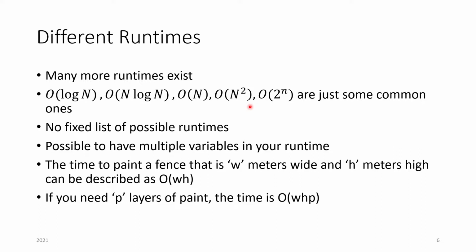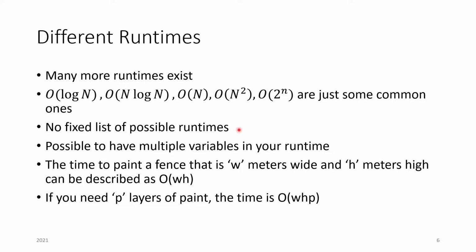Now, the mistake a lot of people make is that they think, okay, because the notation is always with respect to n, that means all notations need to be with respect to n when it comes to space and time complexity. But that's wrong. It's possible to have multiple variables in your runtime because those variables behave differently from one another.